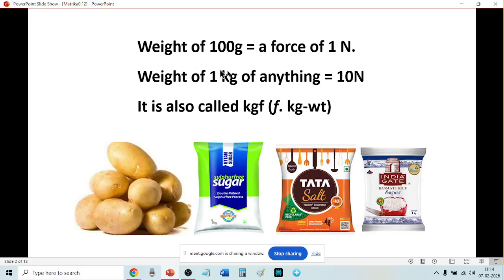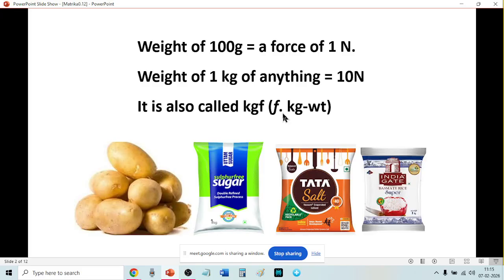So what is 10 newtons or 1 kgf? Same thing. 1 kgf and 10 newtons are the same. The weight of 1 kg of anything. The weight of 1 kg is not 10 newtons; the weight of 1 kg of anything is equal to 10 newtons or 1 kgf.